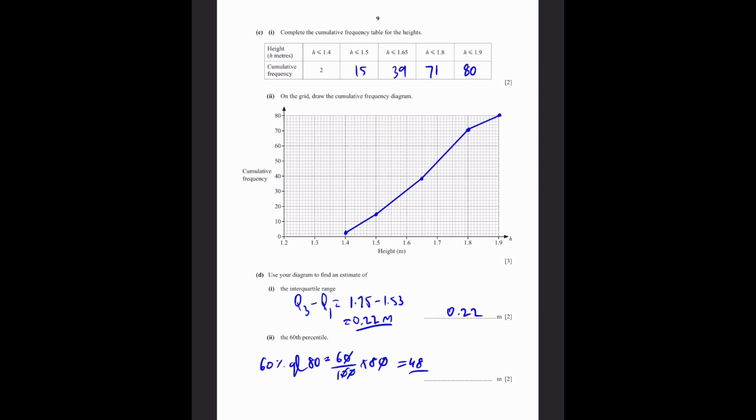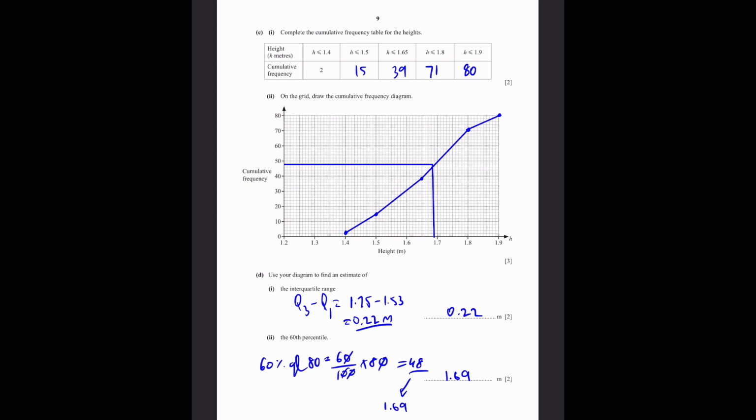So 60th percentile is 48, and for the 48th frequency in cumulative, we can just draw a line, and then we get to 1.69 meters. This corresponds to 1.69 meters, and that's why we get that as the answer.